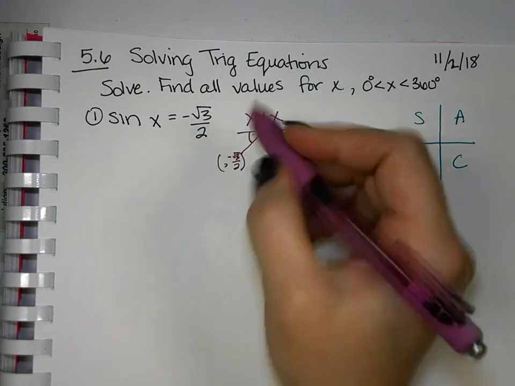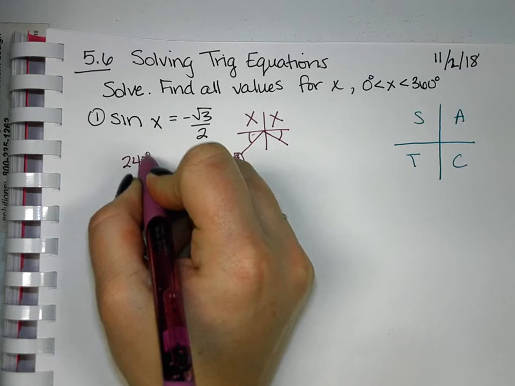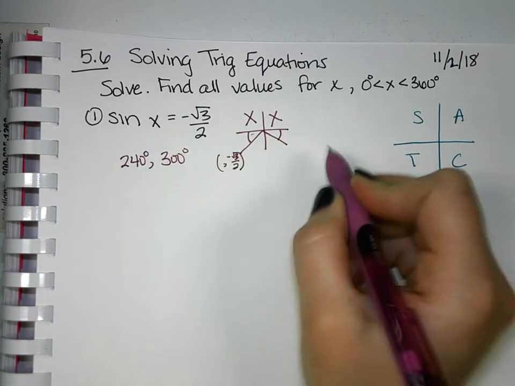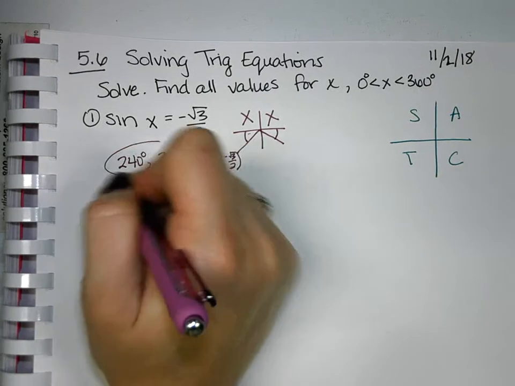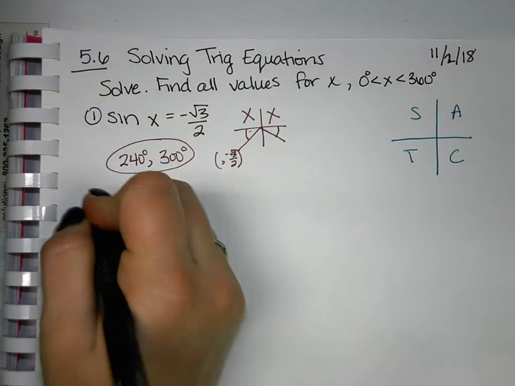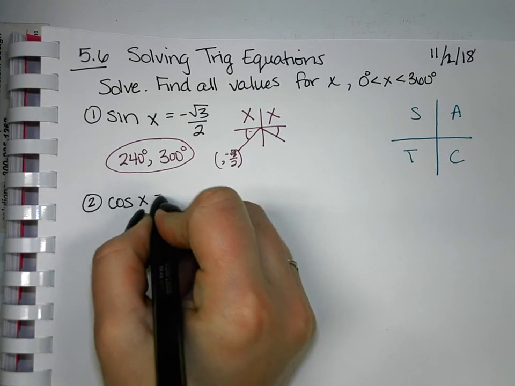That gives us 240 degrees for quadrant 3 and 300 degrees for quadrant 4, and these would be your 2 solutions. So it's going back to how we did solving a ways back. It's been a little while.